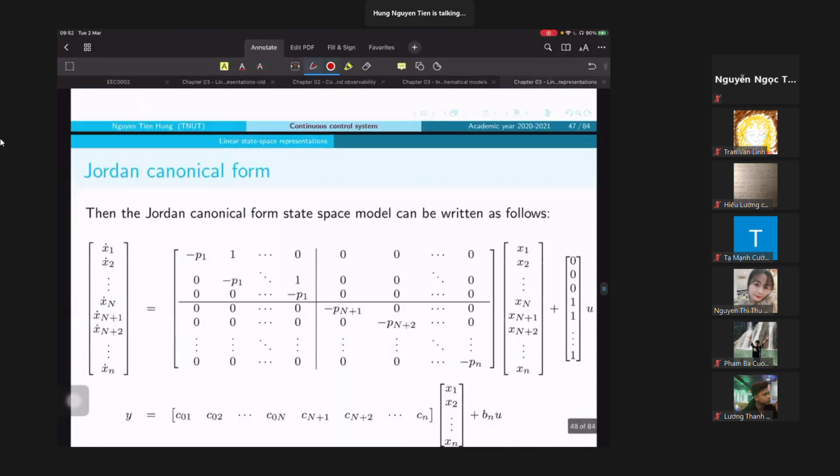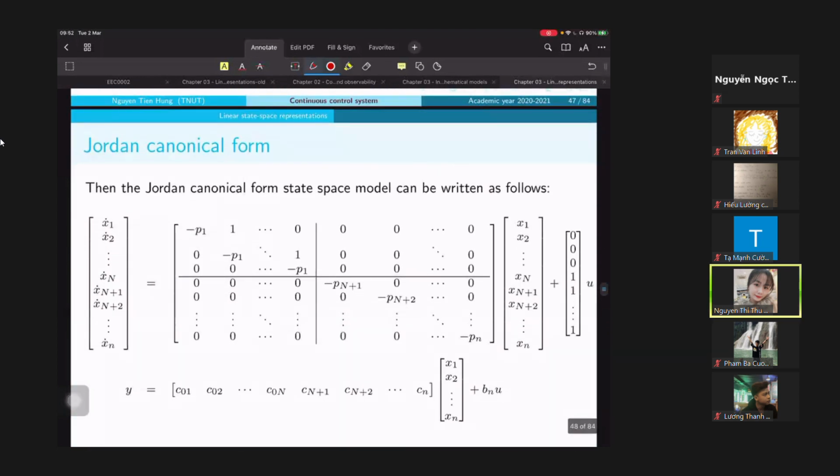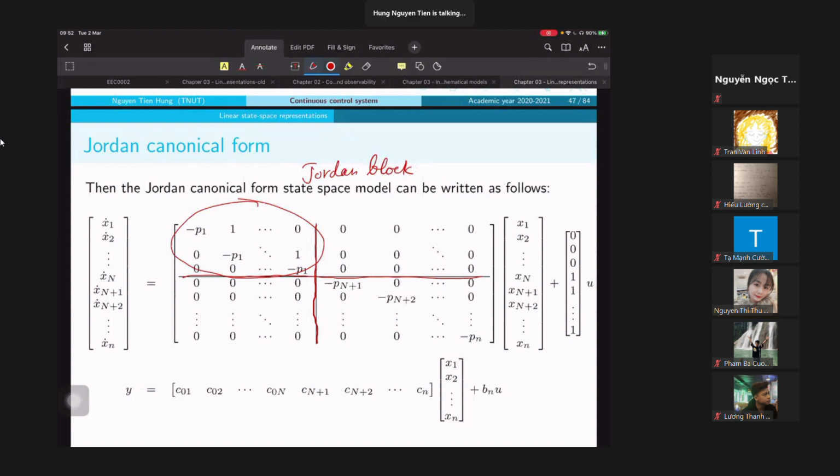Then we get the Jordan canonical form written in this form. We have a repeated block. I denote this, meaning that we divide it into some blocks. The first block we call a Jordan block, and it contains all the repeated solutions or roots.